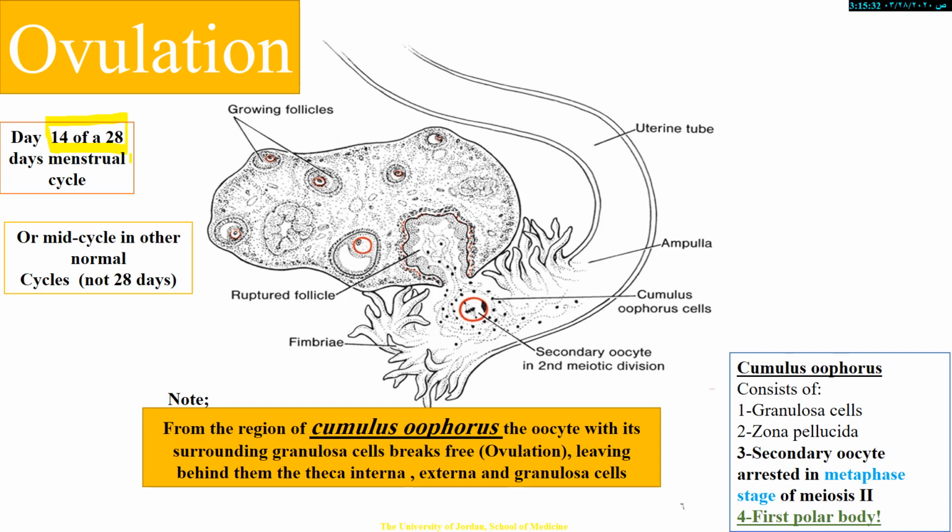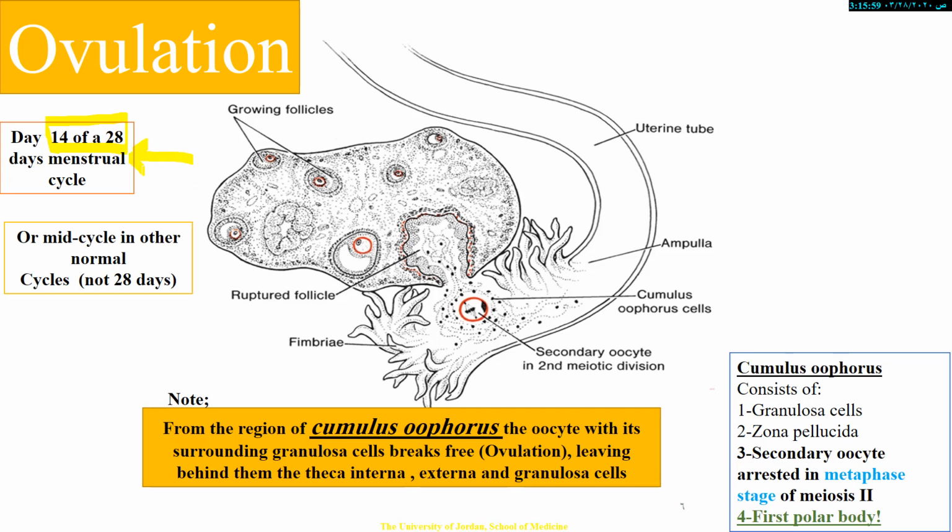So usually we would talk about 28 days. Mid-cycle means day 14, but it is mid-cycle for other normal variations. If it is 34 or 35, then day 17. If it is less, then we just take half of the cycle. For you, you need just to stick to 28 days. Mid-cycle is day 14.